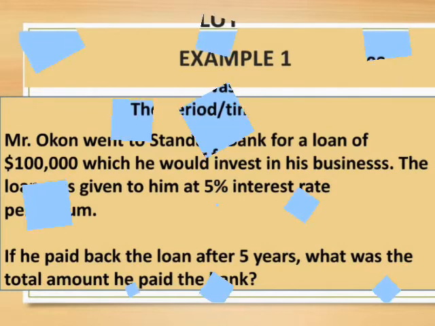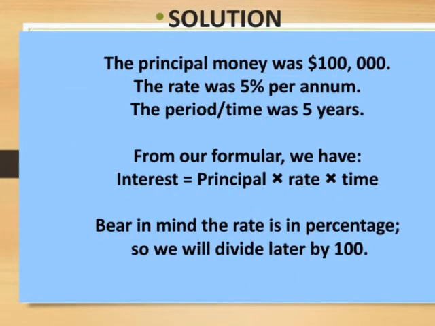Solution. In finding the solution to the above problem, we will apply our formula for simple interest, which is interest equal to principal times rate times time. The principal money here was $100,000. The rate was 5% per annum, and the period of time was 5 years.